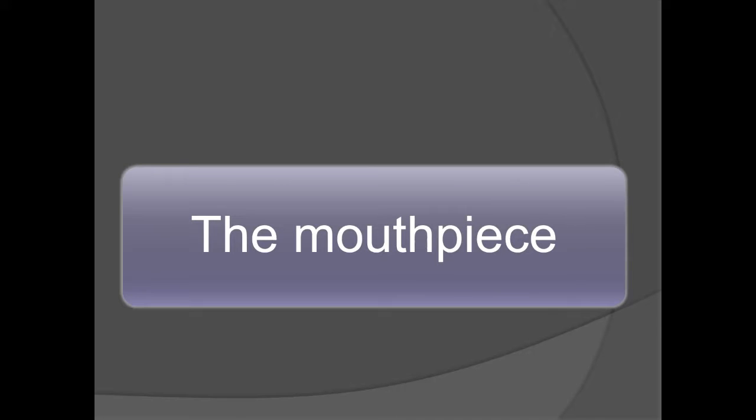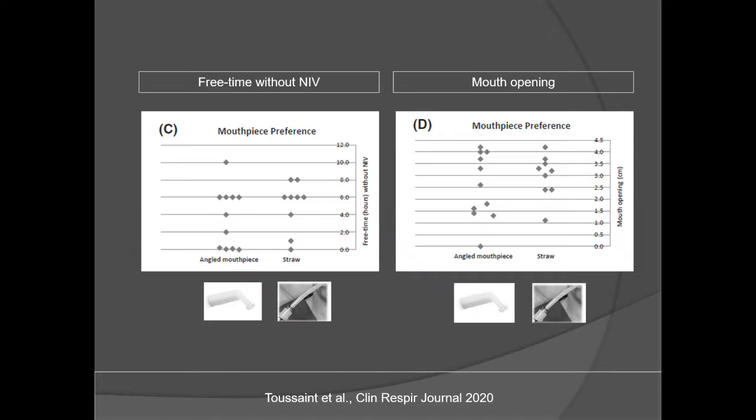Now, regarding the mouthpiece itself, again, we compared two systems. We compared the classical plastic angle mouthpiece to the silicone straw, and we asked patients to give their preference according to their free time.